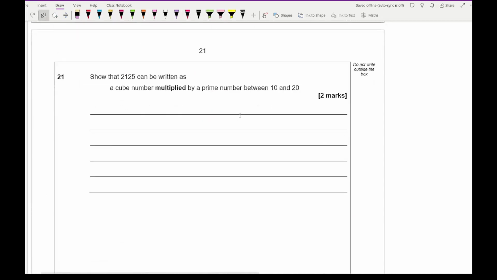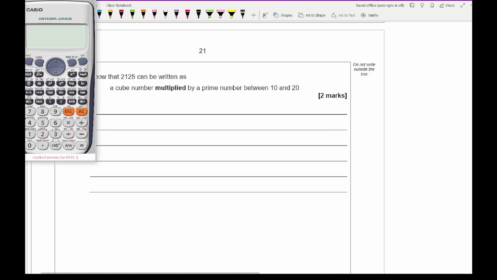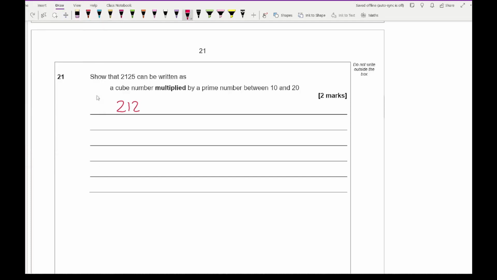Now moving on to question 21, it says show that 2125 can be written as a cube number multiplied by a prime number between 10 and 20. Now for this question, if I just get the calculator back up. If you've got the Casio calculator, you can enter 2125, press equals, and then use the fact button by pressing shift and this button here. And you can see that 2125 equals 5 cubed times, I think it was 17.